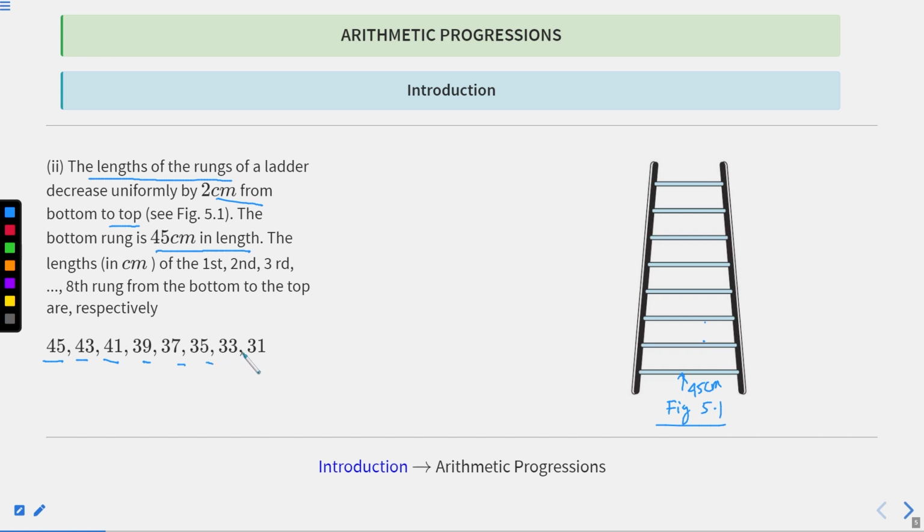So the lengths of the rungs decrease uniformly by 2 centimeters from bottom to top.